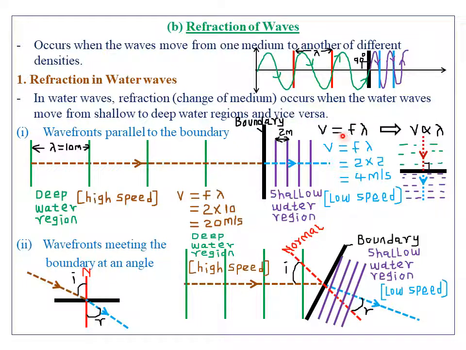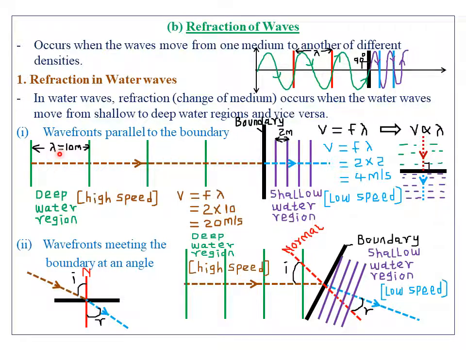So from this formula, it can be deduced that the velocity of the wave is directly proportional to the wavelength, if we hold frequency constant. So at constant frequency, the higher the wavelength, the higher the velocity of the wave, and the smaller the wavelength, the lower the velocity of the wave.